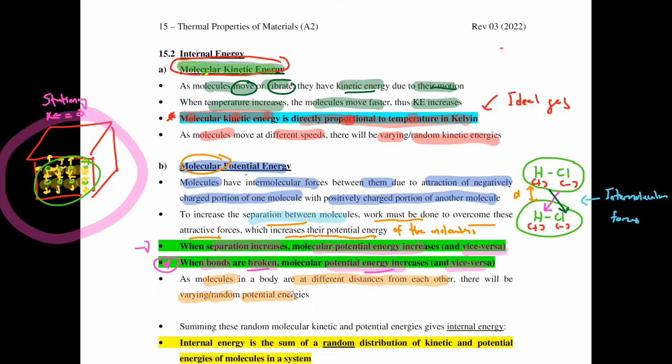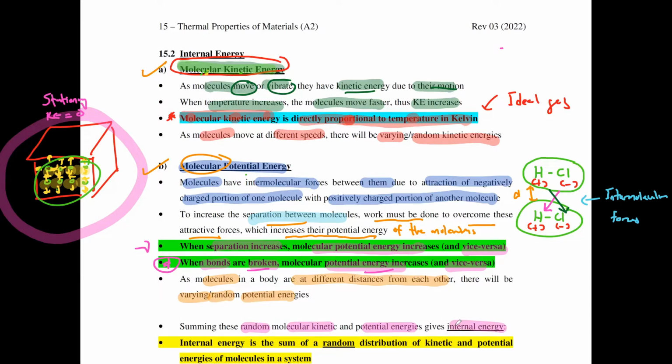Okay, so now you know that for the molecules or atoms that constitute matter, there is molecular KE and molecular potential energy. If you were to sum up the random values of all these molecular potential and kinetic energies, you will have a quantity called internal energy.